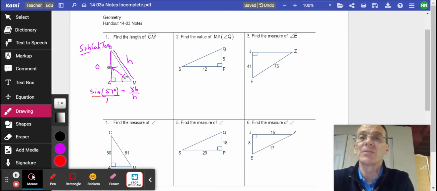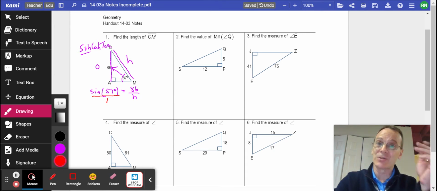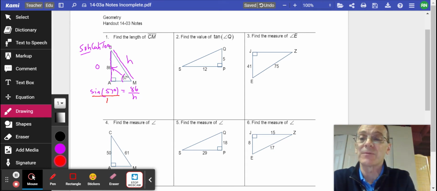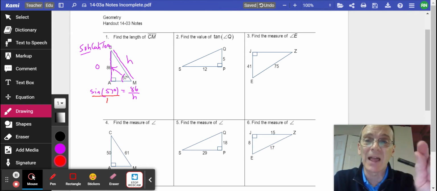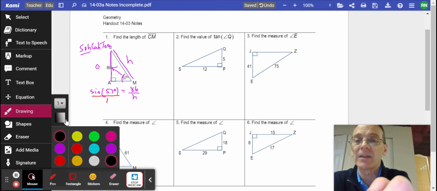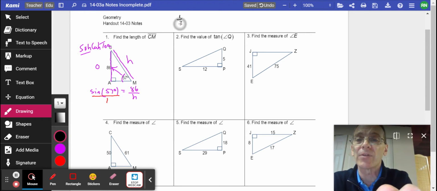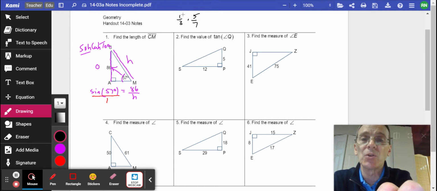Right? And then do something that you may have learned in first year algebra that we oftentimes refer to as cross multiplying, which is different from multiplying straight across, right? If you have two fractions like 1/3 and 5/7, and you are multiplying two fractions, you multiply straight across, numerator times numerator, denominator times denominator.